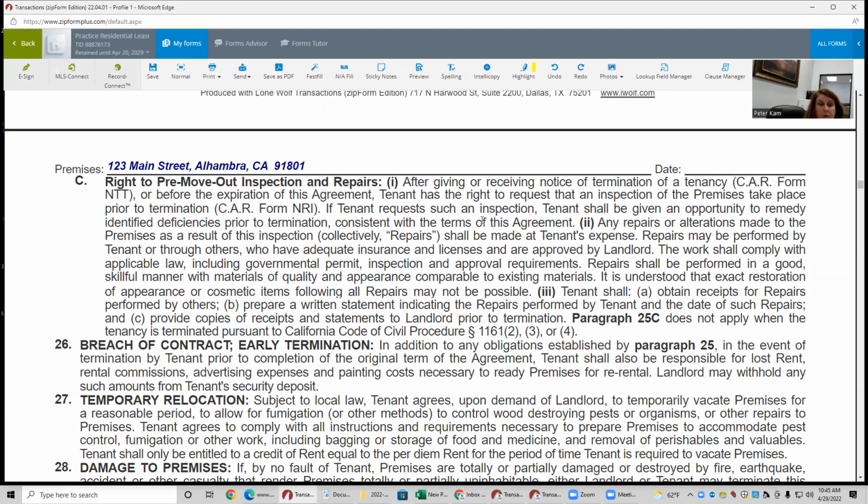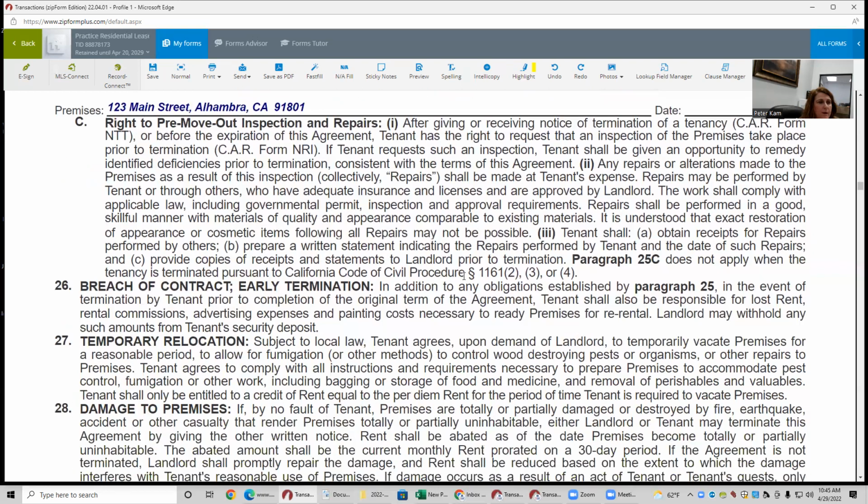If the tenant requests that the landlord or the property management provide such an inspection, the tenant is given an opportunity to remedy any identified deficiencies prior to the termination. So if the tenant wants to go over the unit with the landlord or its representative, they can go ahead and ask for that ahead of time.